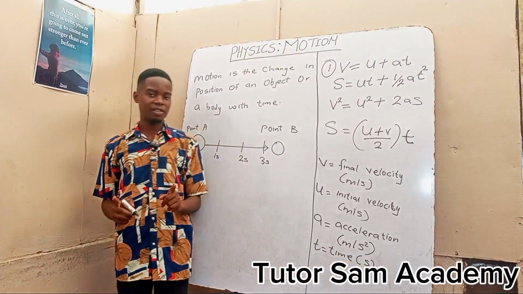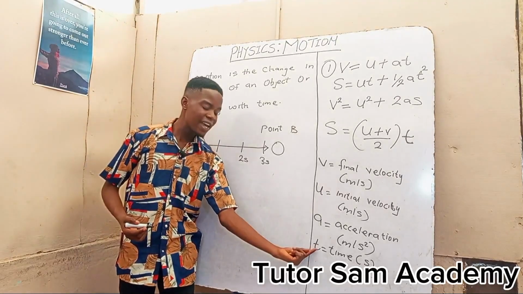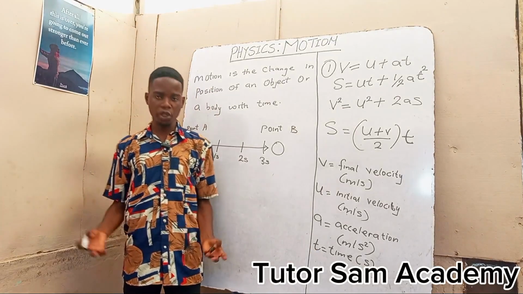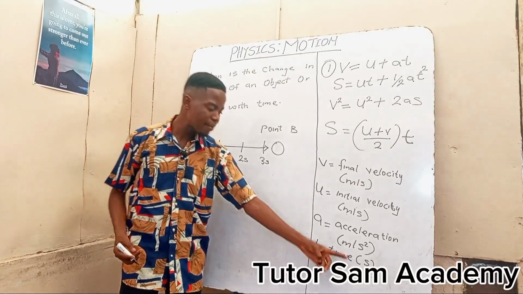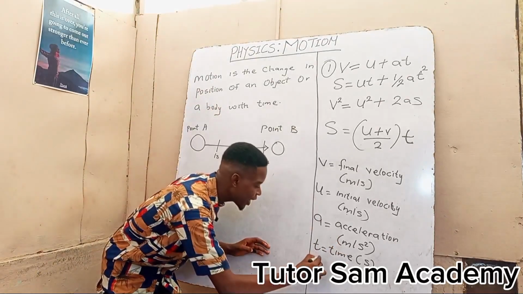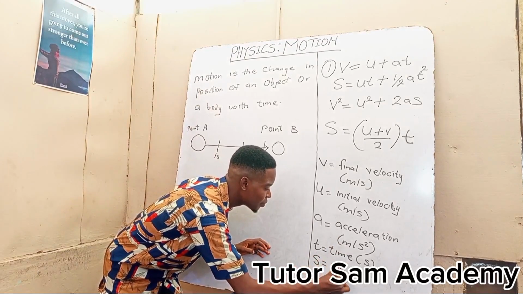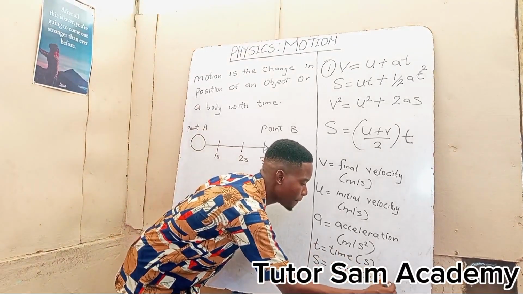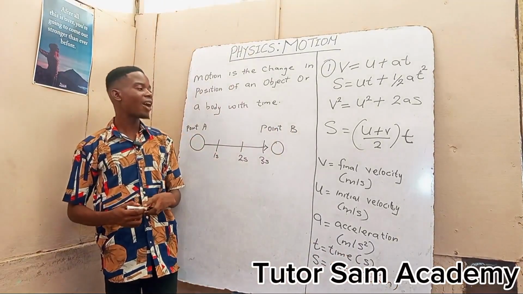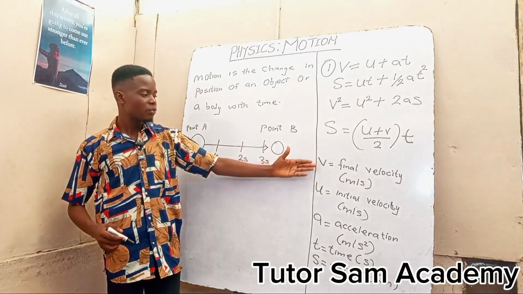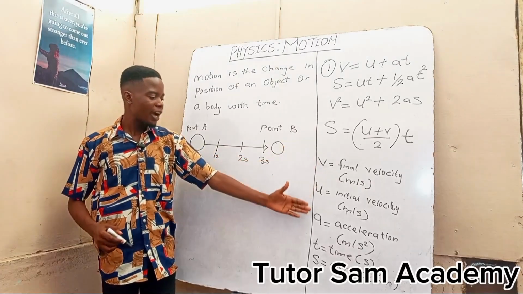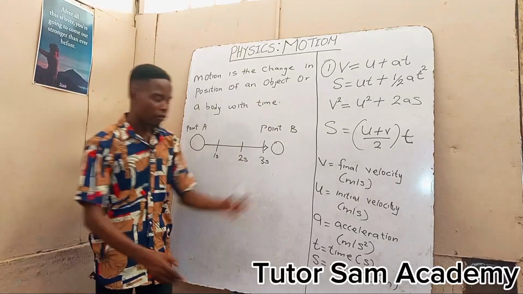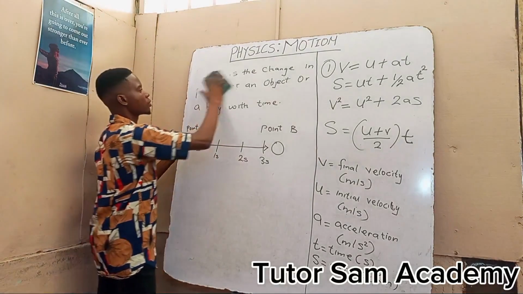T in physics can denote several things. Small letter t denotes time. A capital letter T can be temperature or period, but t here denotes time, and the unit is seconds. Lastly, we have our s. Our s is distance, and the unit of distance is meter. So these are all the parameters we have from these equations of motion: v, final velocity, u, a, t, and s.